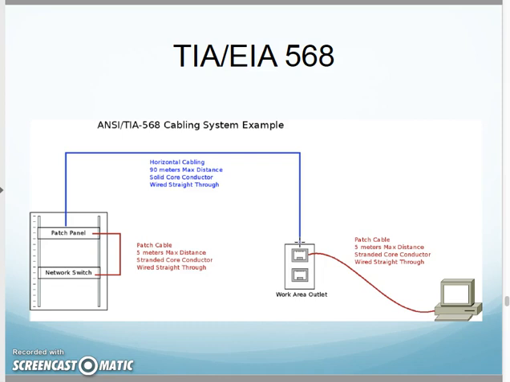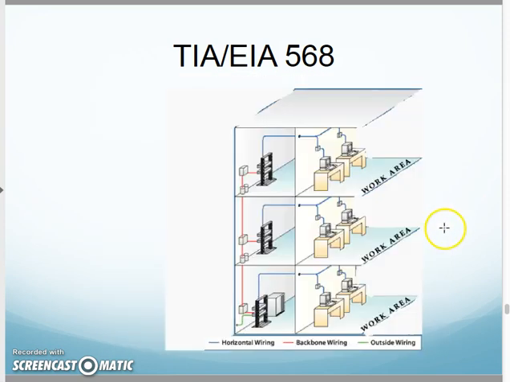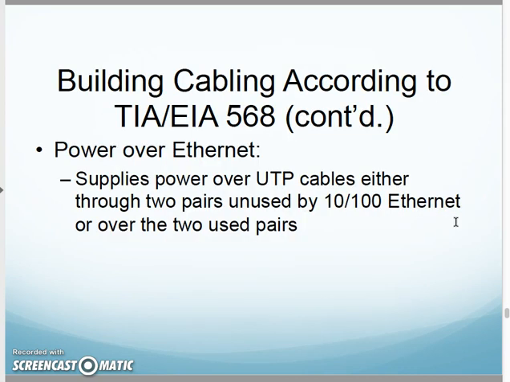So there are things in the standard to allow exceptions to the rule, but more times than not, we're going to do this: patch panel, horizontal cable out to an outlet, keeping a close eye on our 90 meter max distance for horizontal cabling. As I go to a second floor, my structure is basically repeated on the second floor. Very hierarchical, very modular approach. And again, here's a multi-floor picture that we're used to seeing. That's what we're shooting for more times than not.